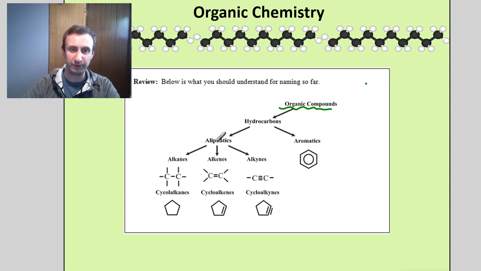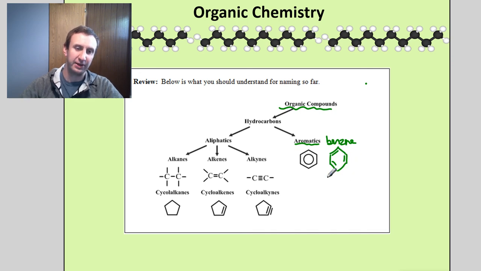We've learned about 2 different types, aliphatics and aromatics. Aromatics, as far as you need to know in Chemistry 30, are things that contain this benzene structure. You now know how to identify it. It could either look like this with the circle in the middle, or it could look like this with the 3 double bonds in a cyclohexane arrangement.